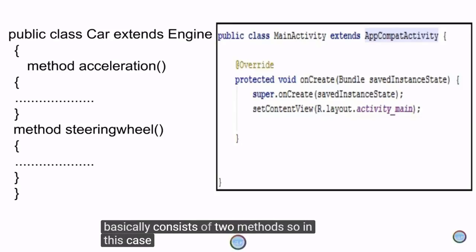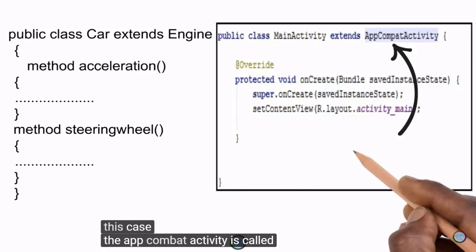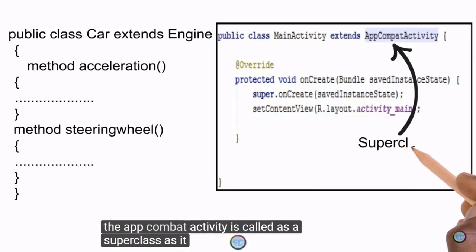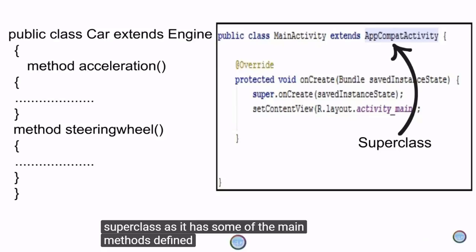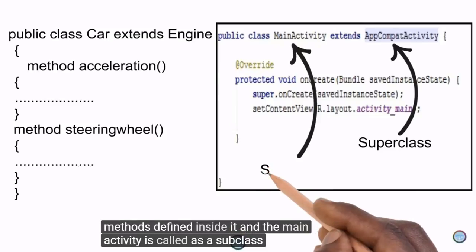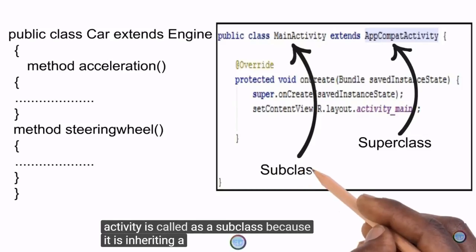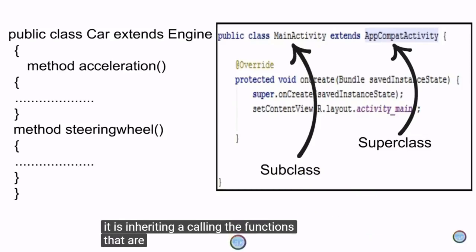So in this case, the AppCompatActivity is called a superclass, as it has some of the main methods defined inside it, and the MainActivity is called a subclass because it is inheriting or calling the functions that are inside the AppCompatActivity.